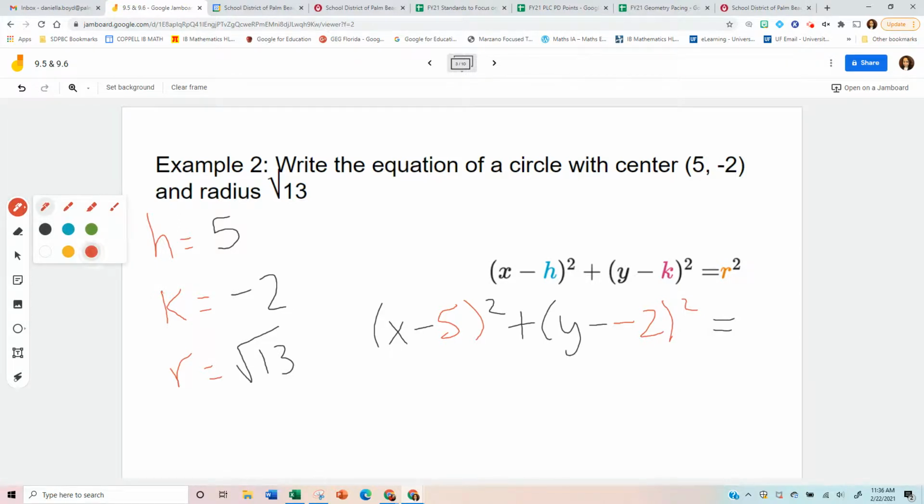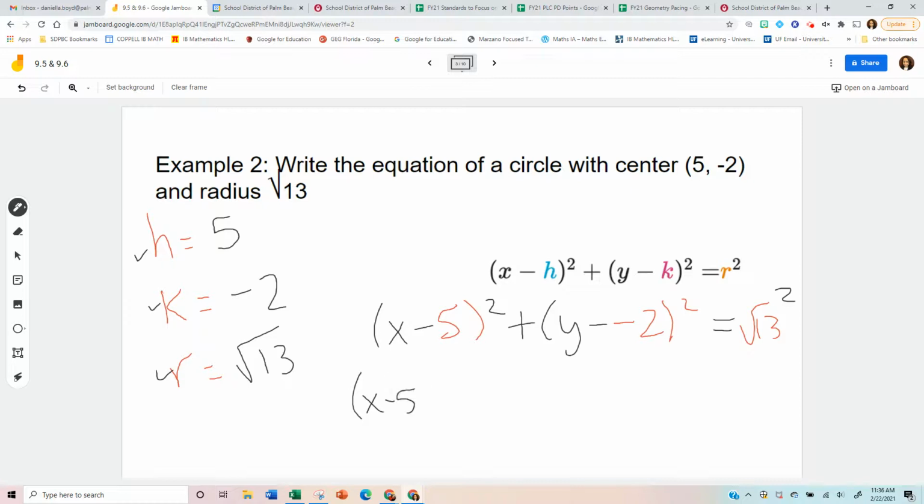In this case, radius is square root of 13, and then I have to square that. Okay, so we label everything, which is what I asked you to do. We plug in, and now let's simplify.